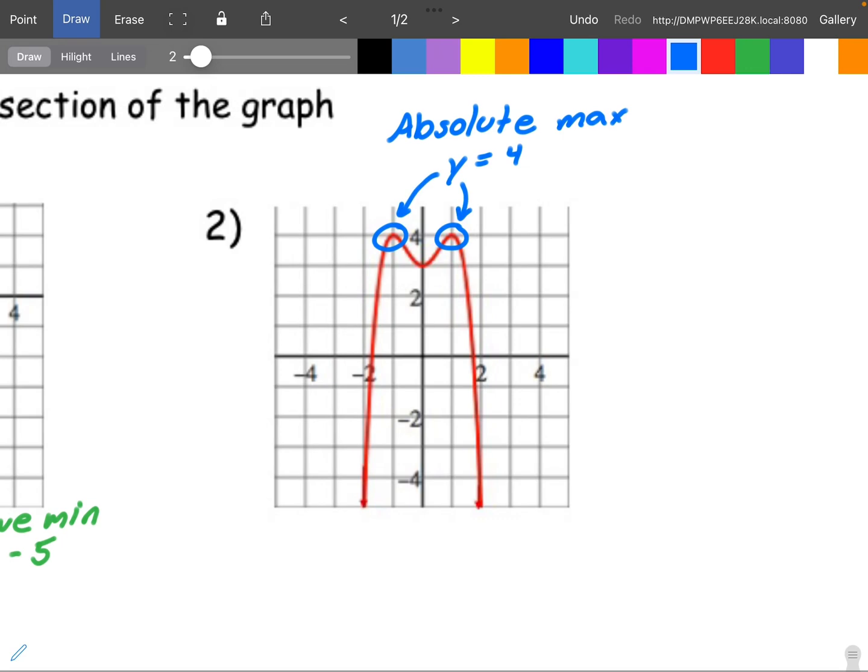Now, we have another turning point, which is right here. That turning point is a low point, but it's not the absolute lowest point on the graph because all of these points down here are lower, but it is the lowest in that particular little area. So that one is a relative min, and the y value there is 3.